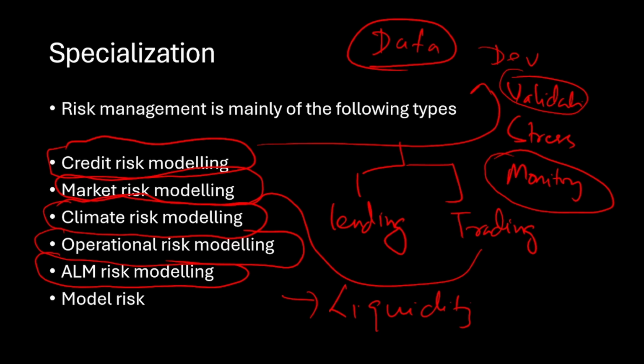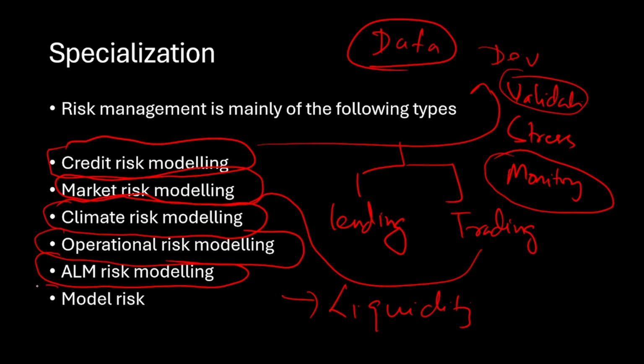You also have other areas such as interest rate risk, wherein you assess whether a change in the interest rate has an impact on your profitability, but also on the other areas of risk. So ALM is an extremely interesting area of risk modeling.